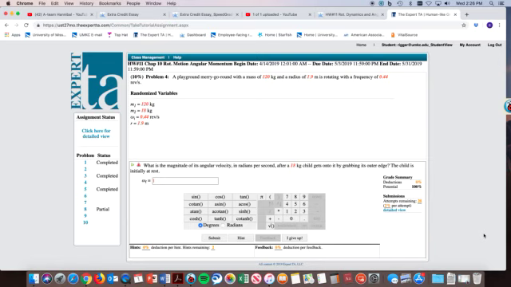The mass of the child is 18 kilograms, and omega initial is 0.44 revolutions per second, and r is equal to 1.9. Okay? So without further ado, I guess I could pause. I should probably pause this, but I don't want to.